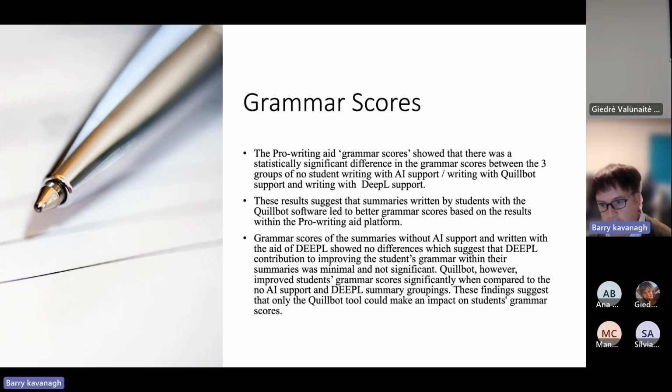However, grammar scores of summaries written without AI support and written with the aid of DeepL showed no differences, which suggests that DeepL's contribution to improving the students' grammar within the summaries was very minimal and not really significant. Quillbot, however, improved students' grammar scores significantly when compared to their writings with no AI support and with DeepL. So these findings may suggest that only the Quillbot tool can make an impact on students' grammar scores.